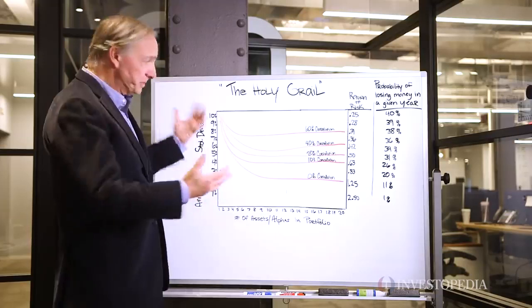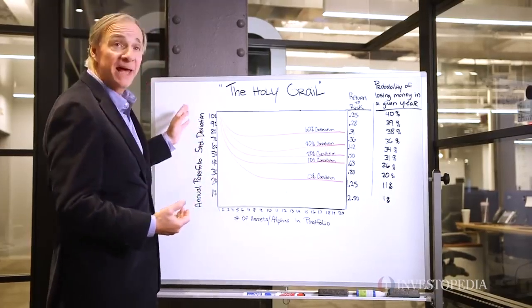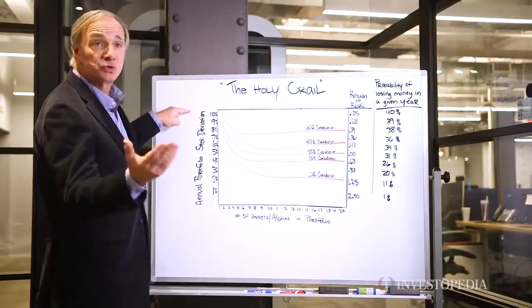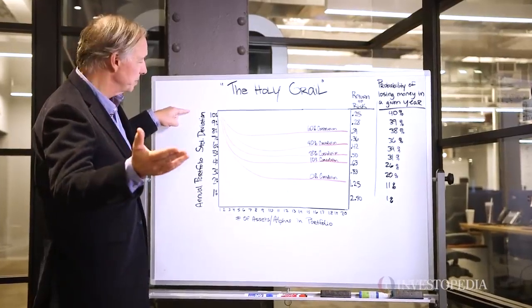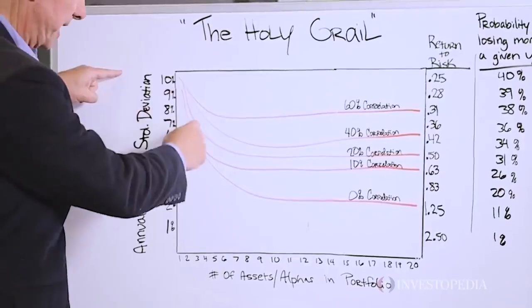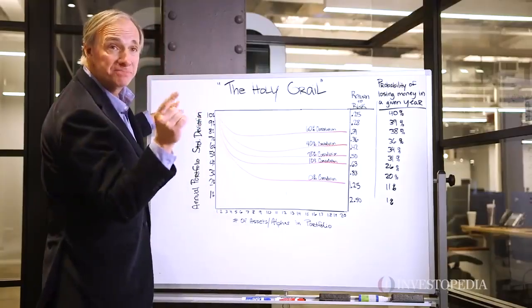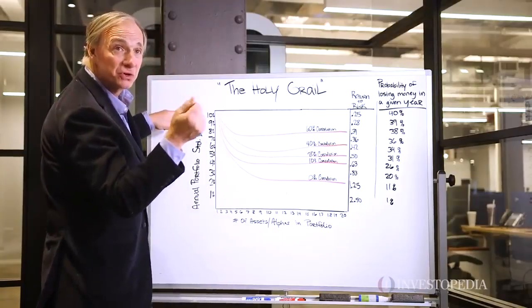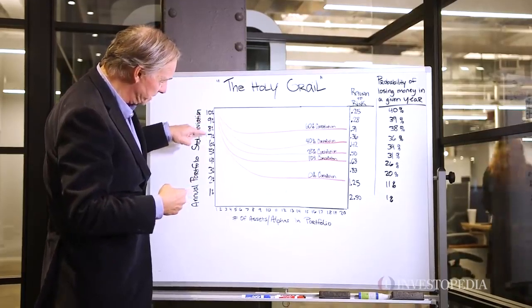So that's what this chart shows, right? Imagine you have a 10% average return. You don't know which bet is going to be better. It has a 10% average return and a 10% risk. And you add in a second and a third and so on. You're not going to lose the 10% return, but you're going to have a reduction in risk.